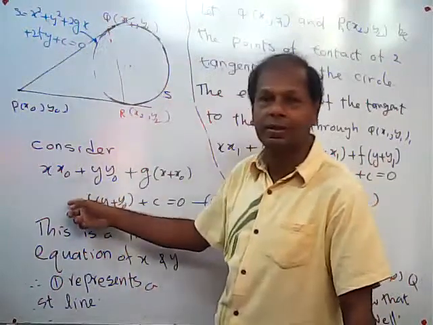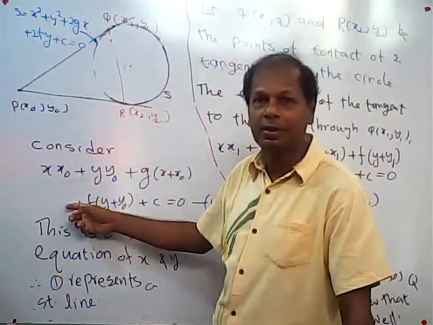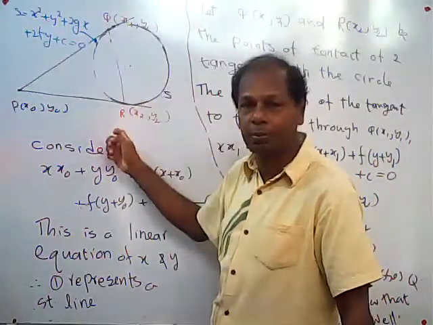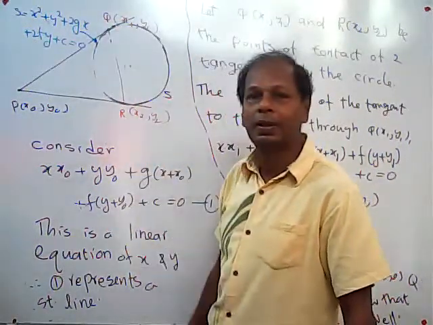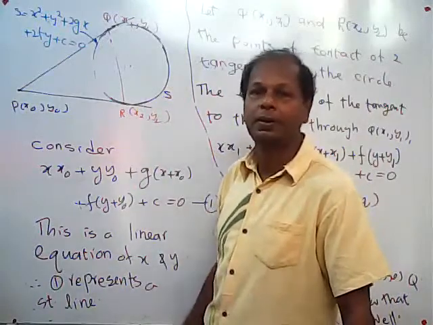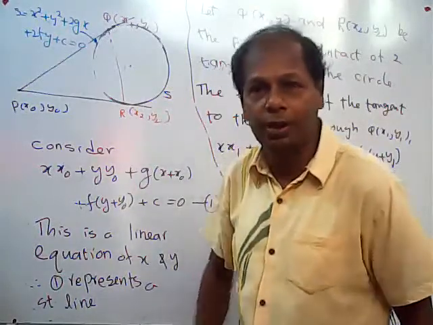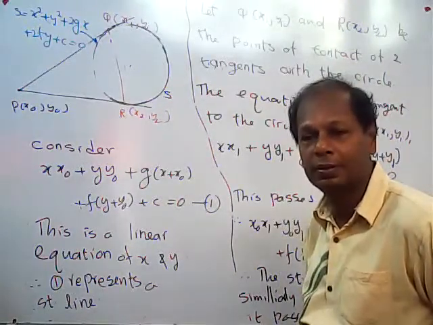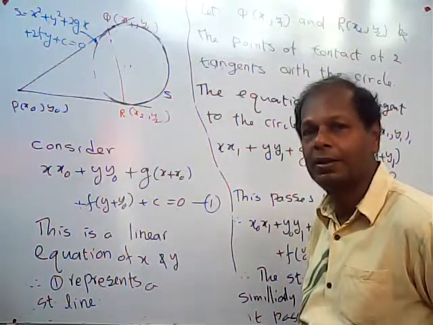If this represents a straight line, and if it passes this point Q and if it passes point R, then it has to be the equation of QR. And QR is the chord of contact. It's a simple argument.